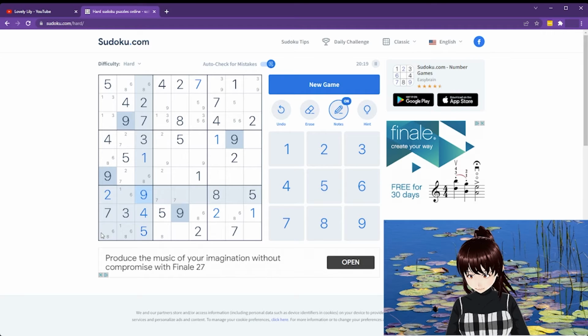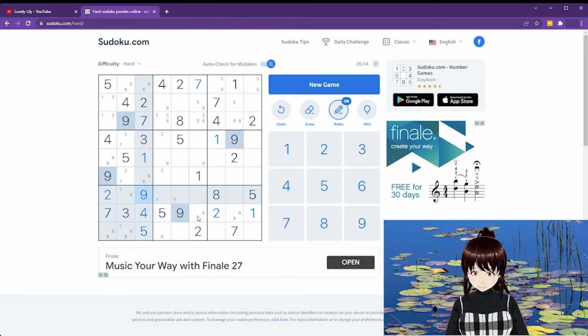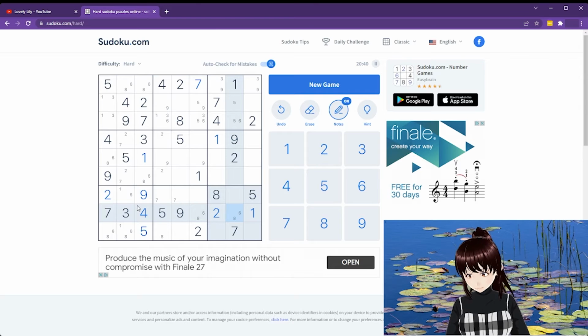Okay, so we have a 6 and an 8 here, a 1 and 6 and 8, a 1 and a 6. That means something, but I'm not sure what. But if you notice, this has a 6 and an 8, and this has a 6 and an 8. So now we've accounted for this row. We can move on.